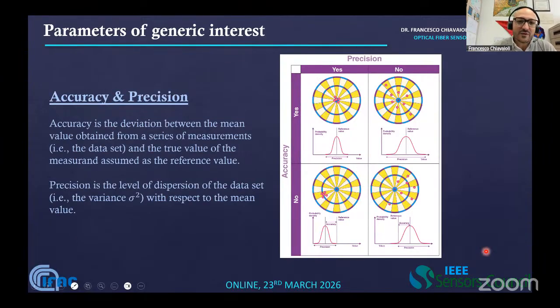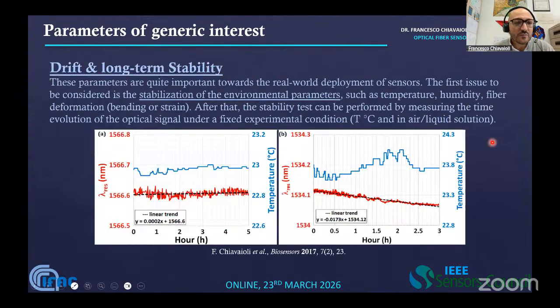Everybody has seen this very common graph that is used to distinguish between accuracy and precision in metrology.